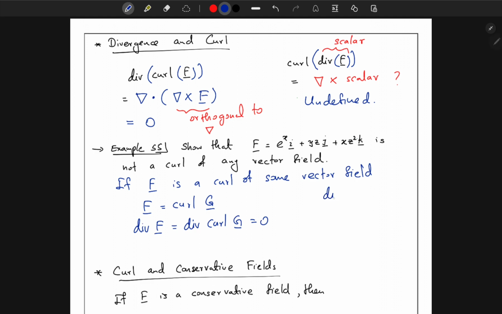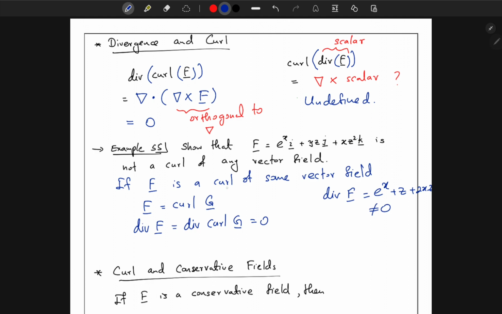So let's calculate its divergence. Divergence is you differentiate each component with respect to the corresponding variable. So it's e^x, the first part, the second one is c, the third is 2xc, which is non-zero.